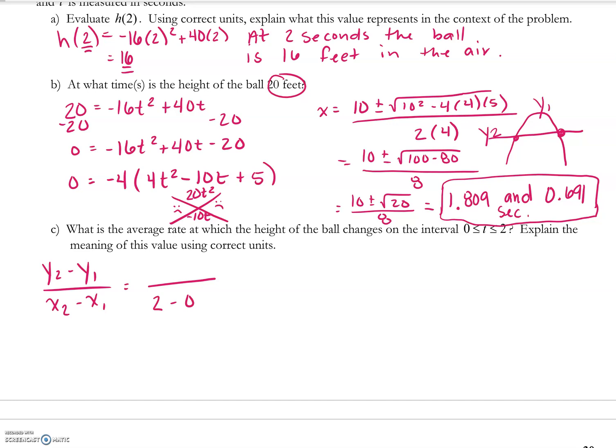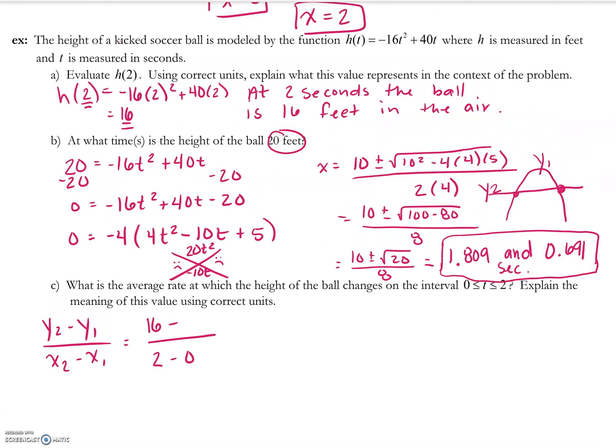And then we take these numbers, 2 and 0, and plug them into our equation to find the corresponding y values. Well, I already plugged in the number 2 up here in part A, and I got 16. If I plug in the number 0, these two terms are both going to turn into 0, and 0 plus 0 is still 0.